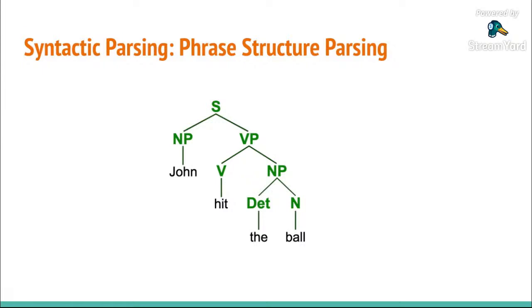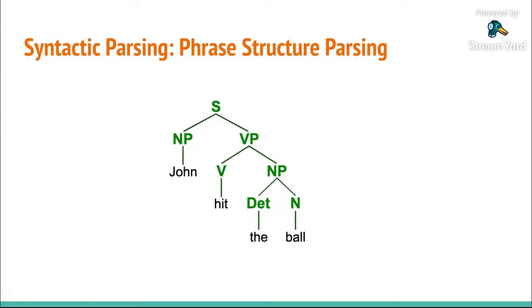One of the most complicated sentence level processing tasks is syntactic parsing. There are two kinds of parsing which are mostly used. One is called phrase structure parsing, another one is called dependency parsing. In phrase structure parsing, you take the sentence and try to form a tree out of it.